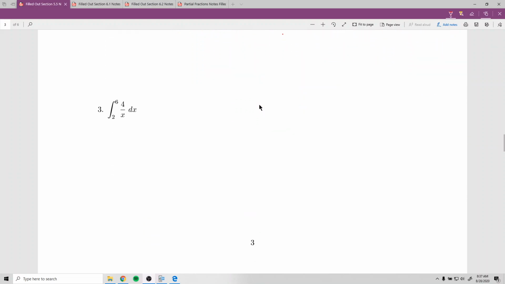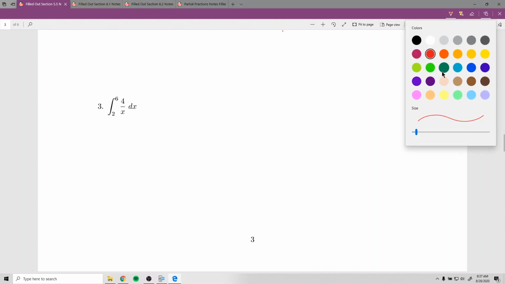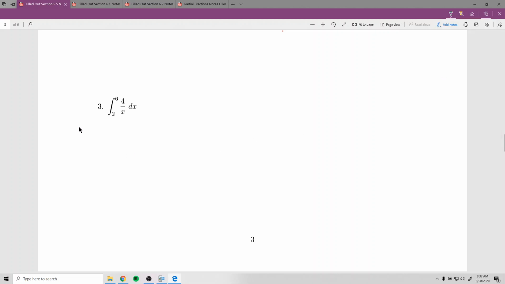All right, so the next one looks very short and sweet. We have to integrate from 2 to 6 the function 4 over x dx. Just like before, the numbers are useless until after we integrate. We integrate first.